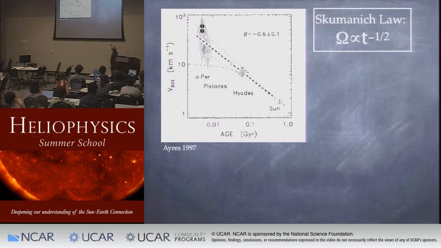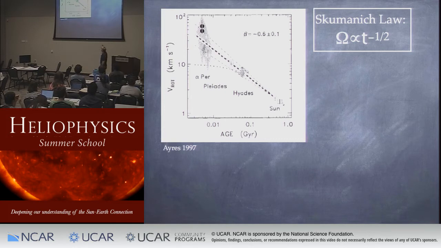In terms of the rotation-age relation, there's this scaling law of age versus rotation that was introduced by Skumanich in 1962, I believe. I think he was working in this building, at JILA or CU, one of them. It pretty much states that the rotation scales with the life of the star to the power of 1/2, the square root of the lifetime of the star.